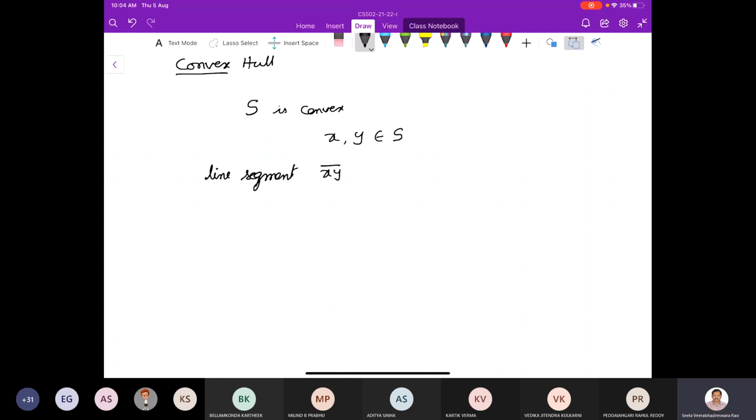Line segment in the sense only the line segment with x and y as the endpoints. So all the points inside this line segment also belong to S.